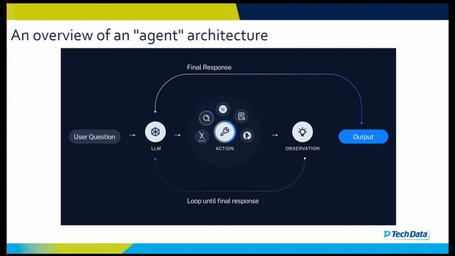The large language model will think, okay, is this enough information for me to answer the question? If not, it will continue through this loop to get more information until the model thinks it is good enough for the final response. Then it will provide the final response. So this agent architecture is more advanced, more complex.